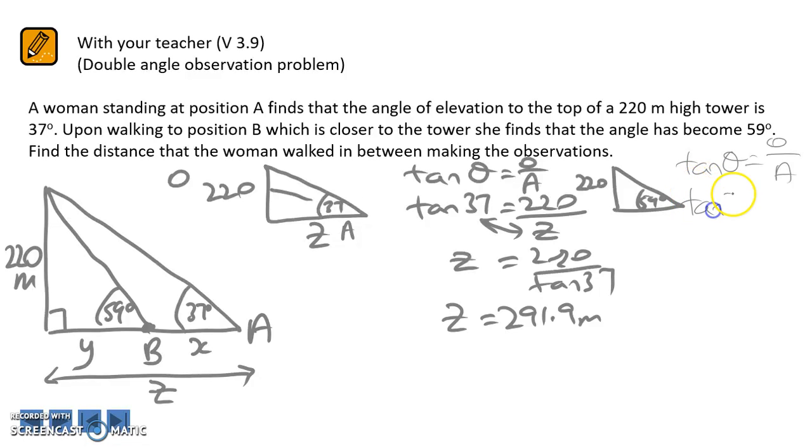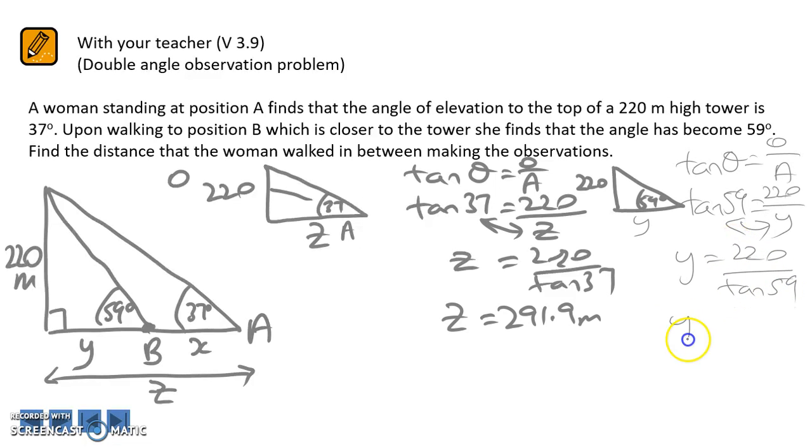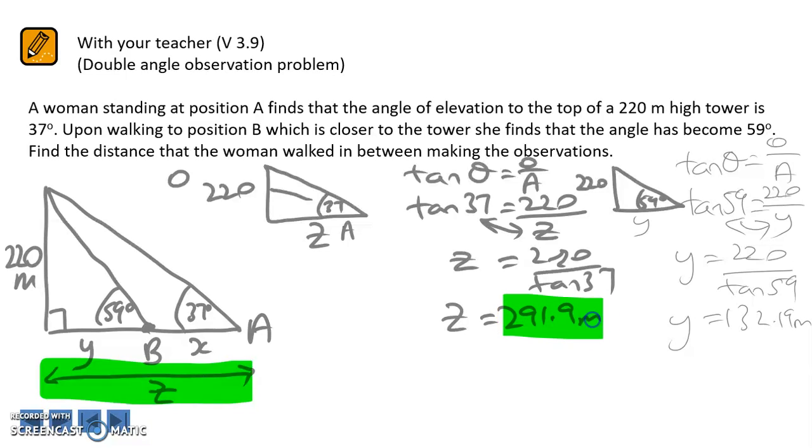So tan of 59 equals opposite, which is 220, over side y, and then swapping those two around, y equals 220 over tan 59, and so y equals, if you solve that, 132.19 metres.